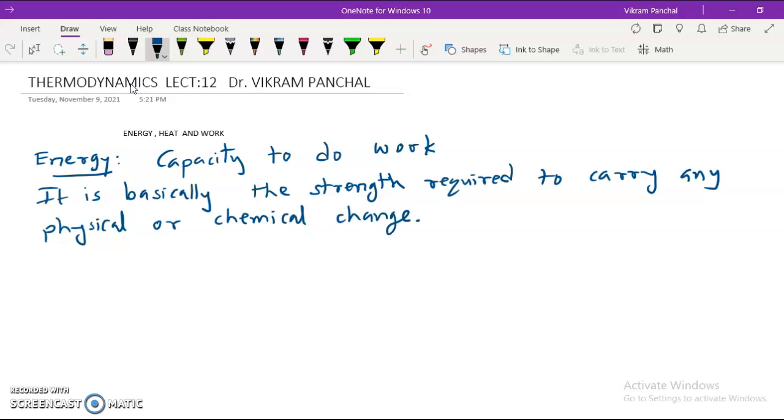This is known as energy. And the symbol of energy is E. For energy we use E.